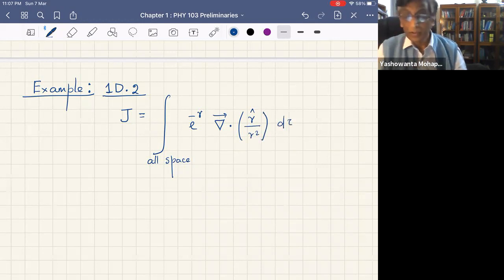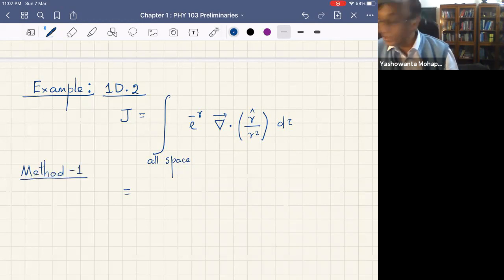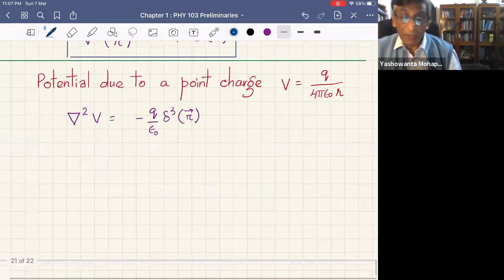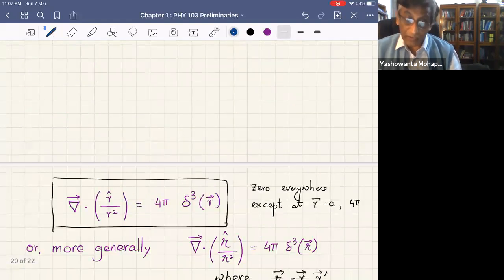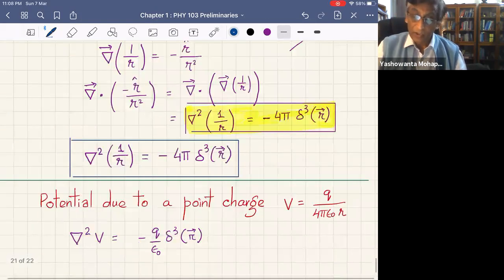So by what we have just done, I'll call it method 1. You can see how simple it becomes. What did we say? Divergence of r hat by r square, if you remember, is 4 pi del cube r. So let me just plug that in.